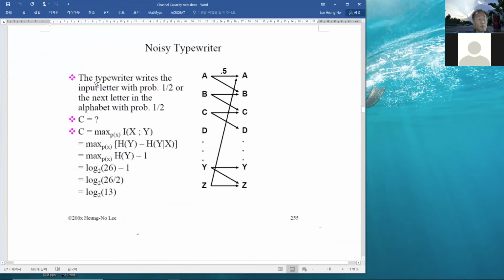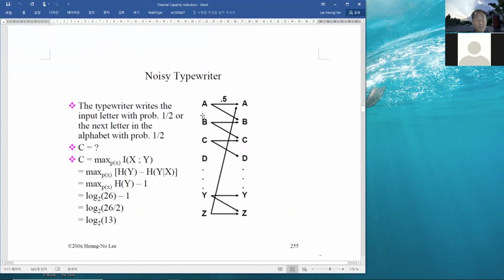So the noisy typewriter is drawn this way. Basically, there are letters from A to Z. There are 26 of them. That's the input, and the output is 26 characters again. But this typewriter is noisy.